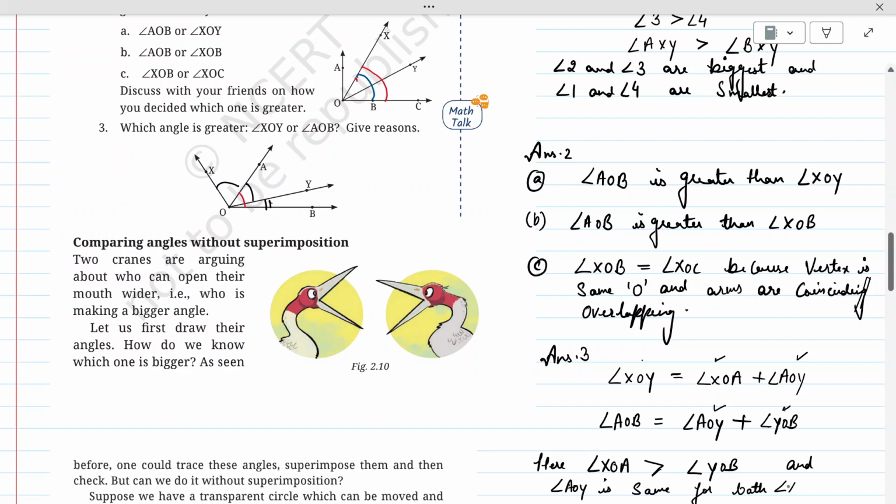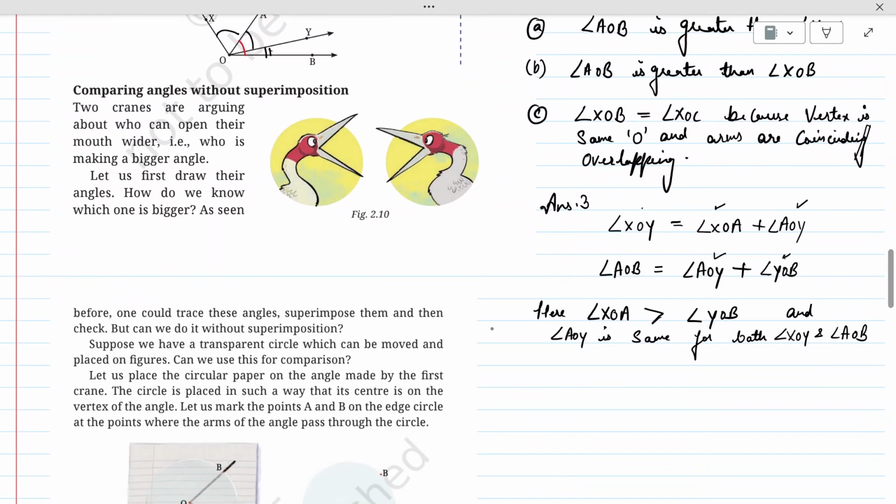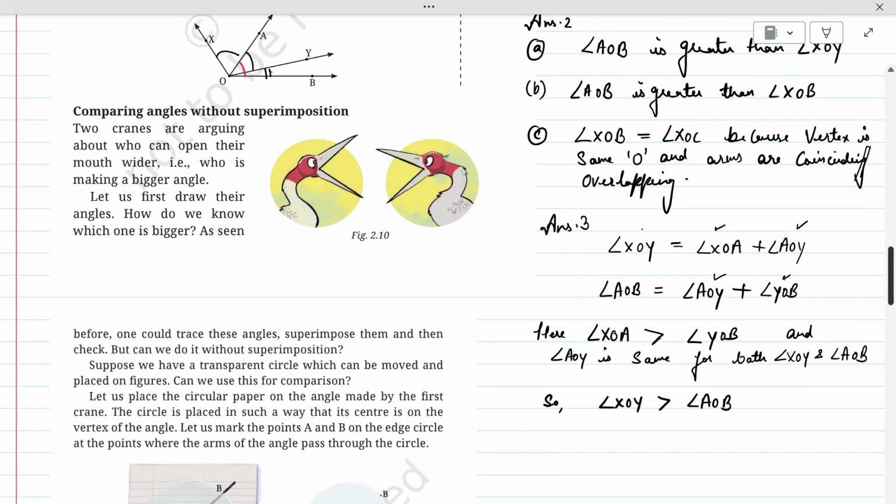I'm naming them XOY and AOB. So that means angle XOY is greater than angle AOB. Okay, I hope you understood this.